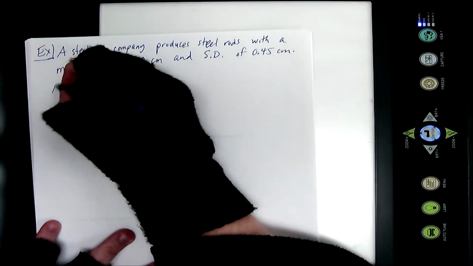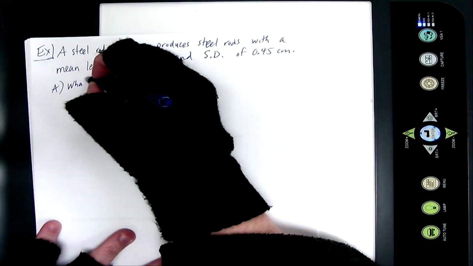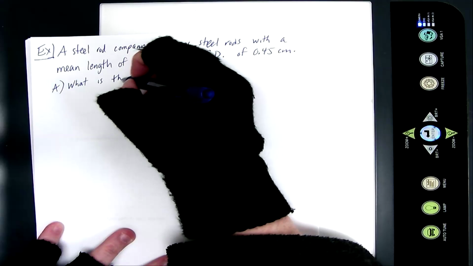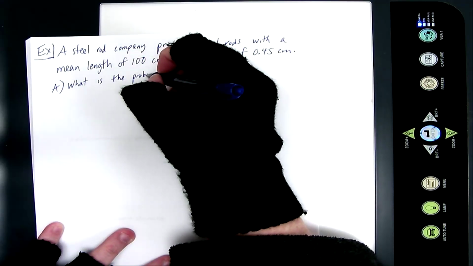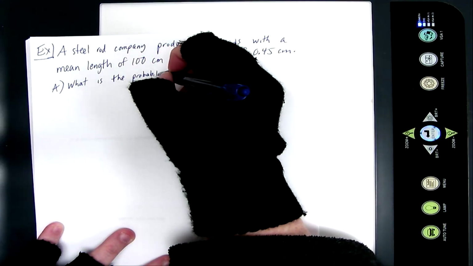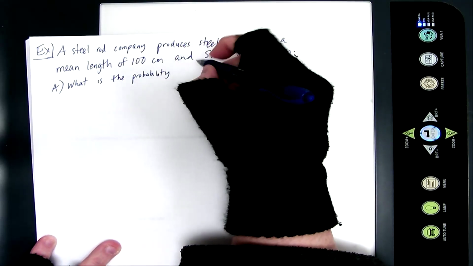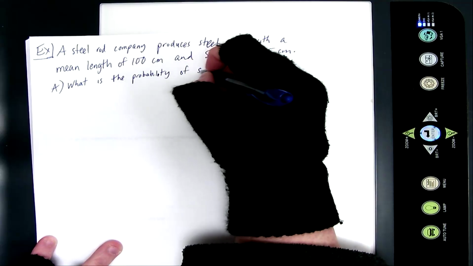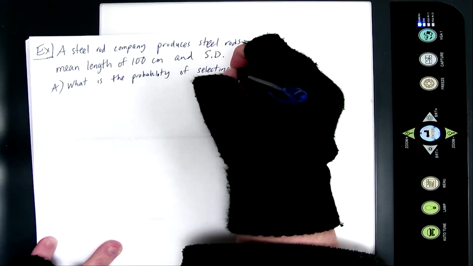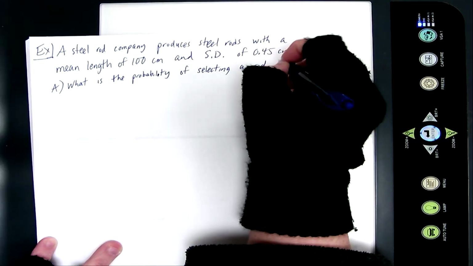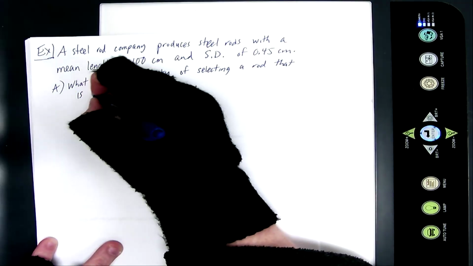Okay. What is the probability of selecting a rod randomly that is shorter than 99.2 centimeters?